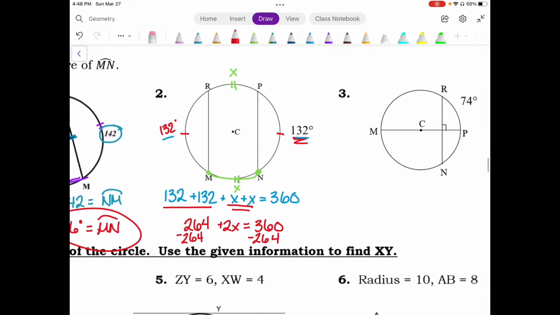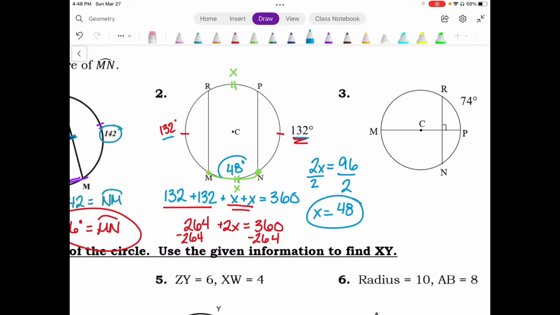And we get 2x is equal to 96. I need to get x alone because I only want one of those arcs. I'm going to divide by 2. And I get x is equal to 96 divided by 2, which is 48. Now remember, x was MN, so MN is equal to 48 degrees. I answered my question that I needed to.